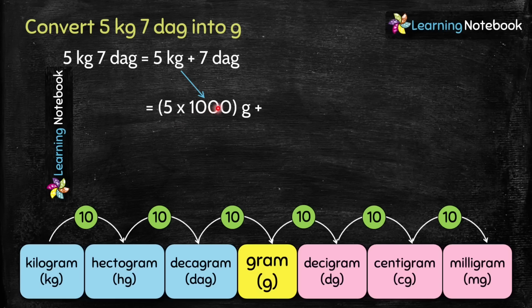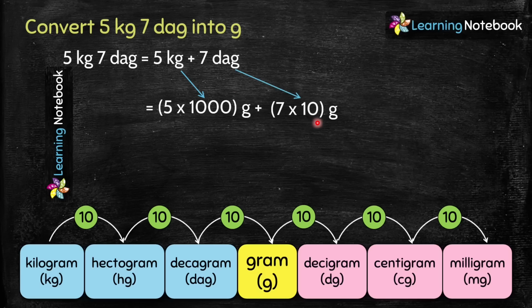Next, we will convert decagram into gram. Refer to this diagram and see we have to jump only once to reach gram. So we will multiply 7 by 10.